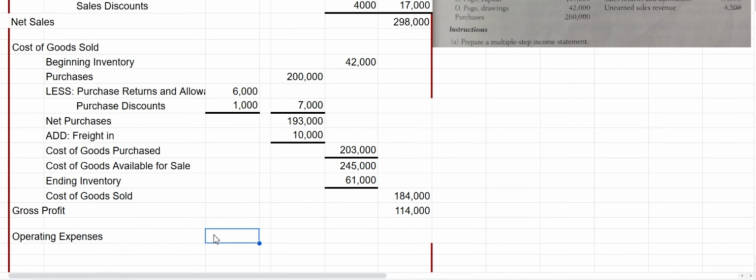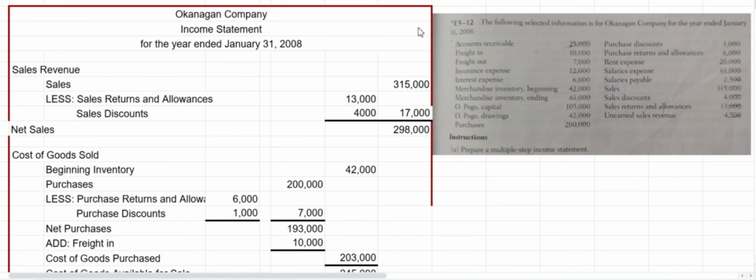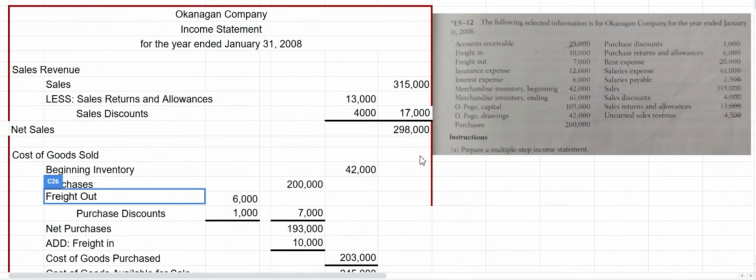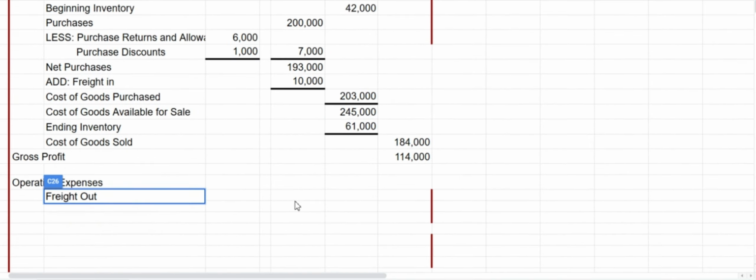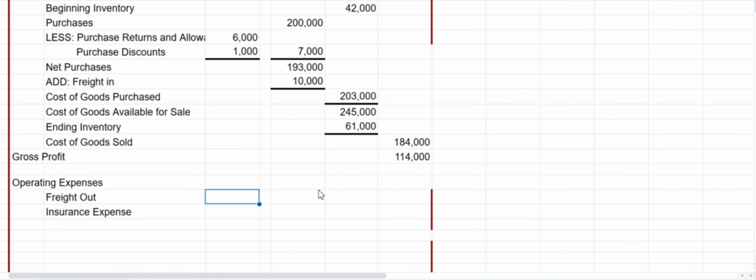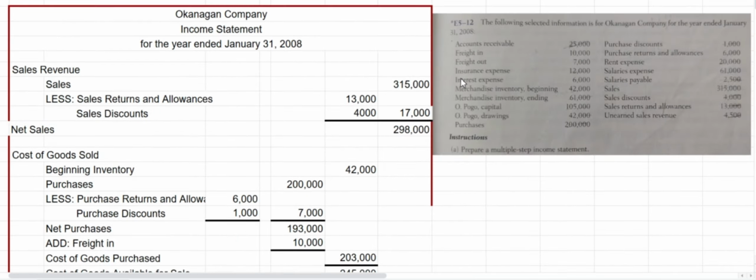So we can just list out our expenses. We got freight out. Insurance expense. Interest expense is not an operating expense.